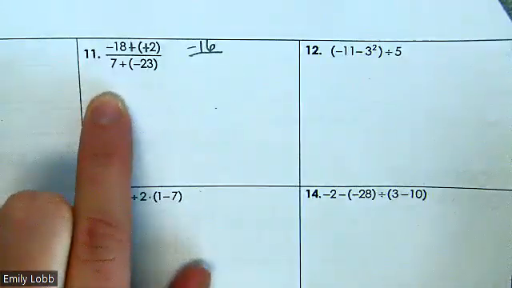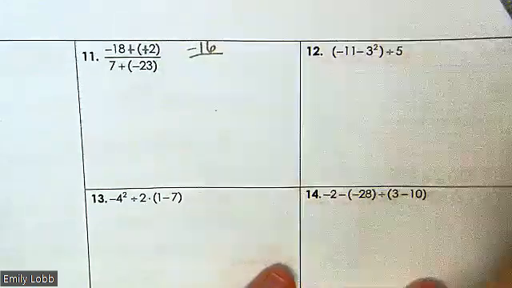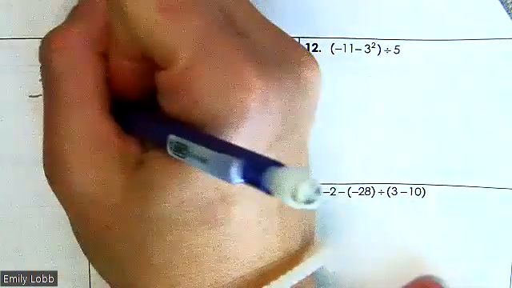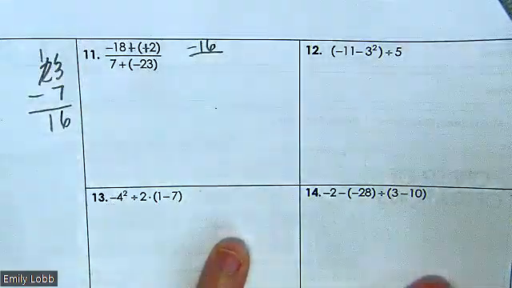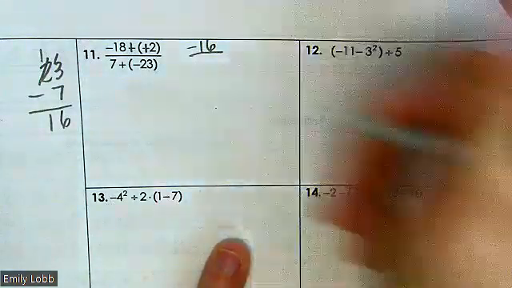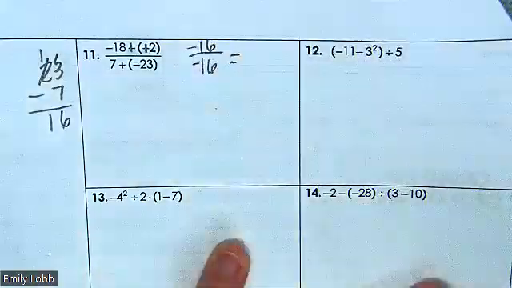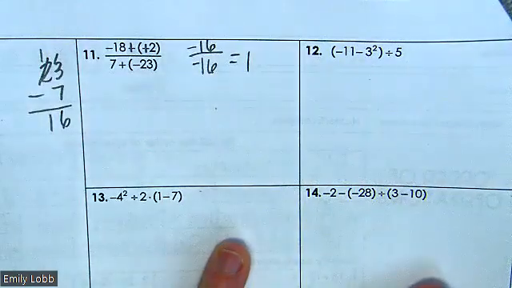What's 7? Oops, sorry. What's 7 plus negative 23? No, our signs are different, so we have to find the difference. Positive or negative? Negative. What's negative 16 divided by itself? 1. That's what that fraction bar means, right?